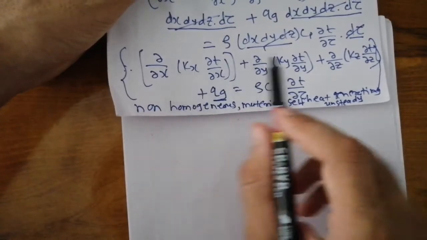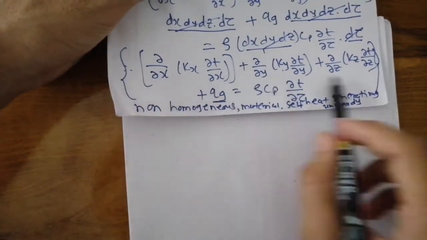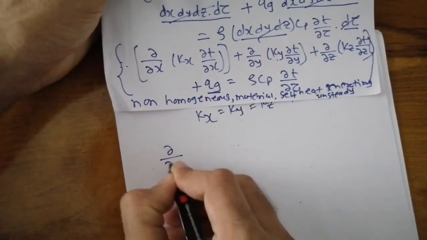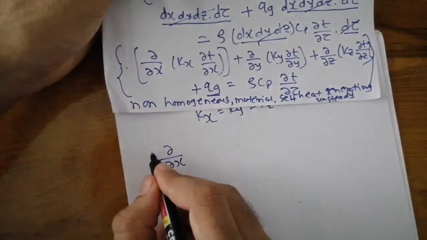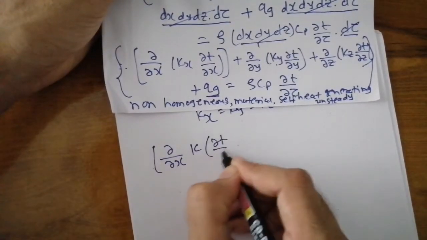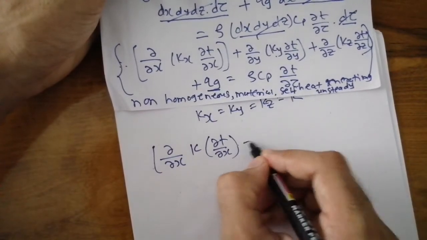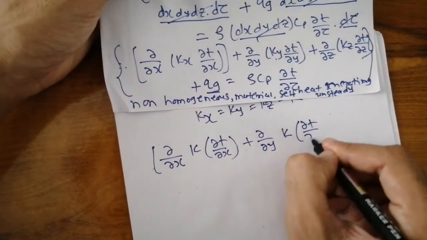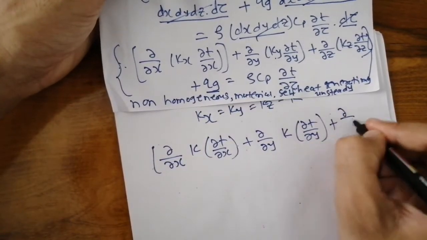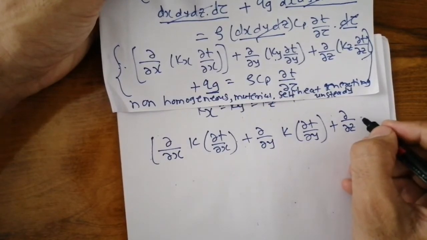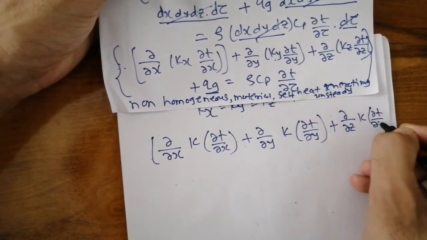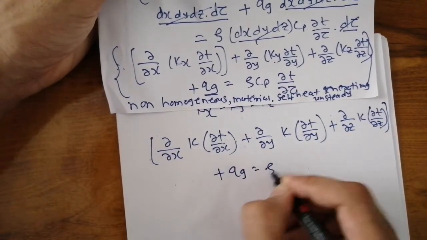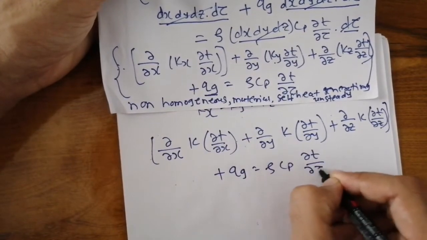So if we consider k here and k there, we take k common. Considering the first equation, I will write: del by del x inside the bracket k del T by del x, plus del by del y inside the bracket k del T by del y, plus del by del z of k del T by del z, plus qg is equal to rho cp del T by del tau.